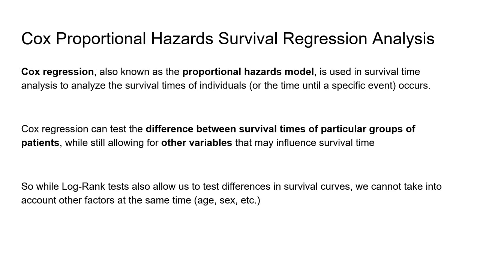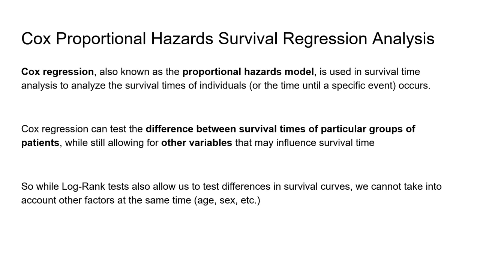Okay. So again, Cox regression, also known as the proportional hazards model. We can analyze survival times of individuals or the time to specific events, but we can incorporate multiple variables along with that. So we can have our grouping variable, right?